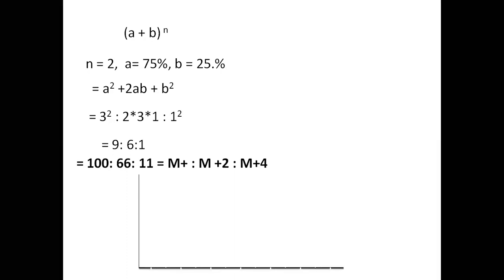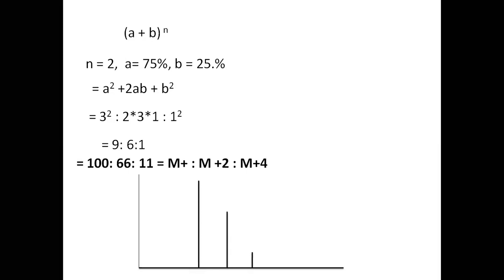Fine. So if you draw the peaks, suppose this is 100%. So M plus 2 compared to that is 66, and this would be around 11%. So this percentage can be observed in the true mass spectrum. These theoretical values which we have just calculated using the binomial equation, we can also observe in the true spectrum.